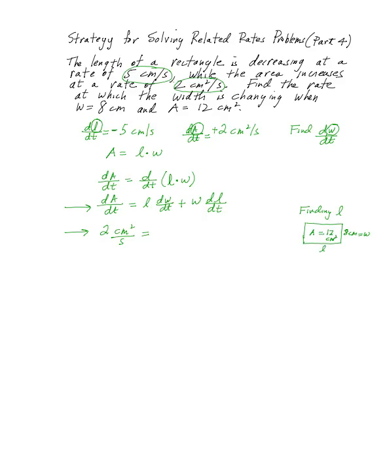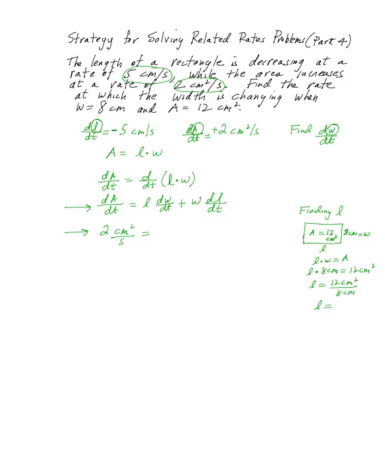And I know that L times W is A. So L times 8 centimeters is what? 12 square centimeters. So the length is just 12 square centimeters over 8 centimeters.